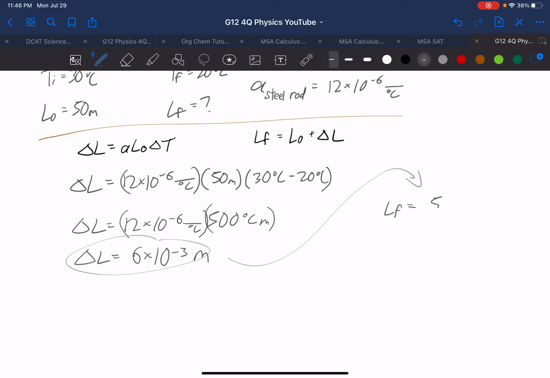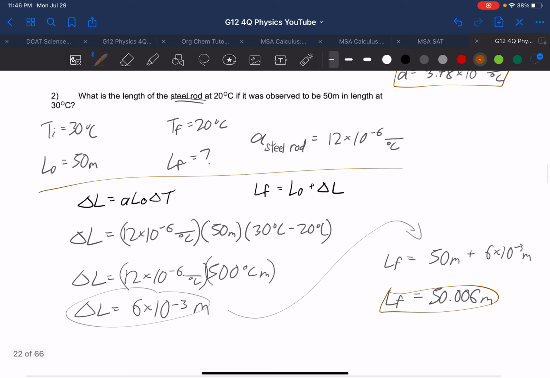What's our LO? 50, right? Plus 6 times 10 raised to negative 3 meters. LF is supposed to be 50.006. I think there is something wrong with our answer.